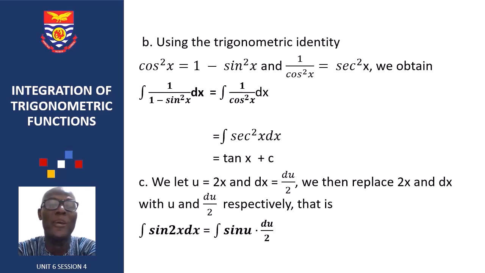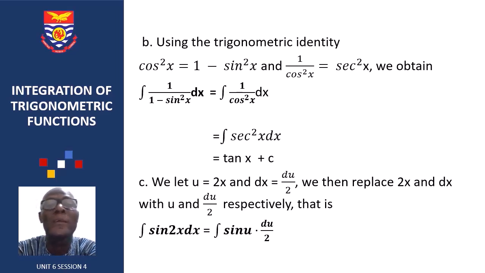B, to integrate the integral of 1 over 1 minus sine squared x dx, we use the identity cos squared x plus sine squared x is equal to 1. And making cos squared x the subject, we have cos squared x is equal to 1 minus sine squared x.